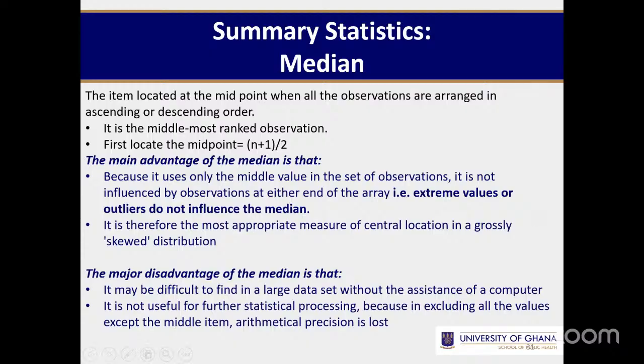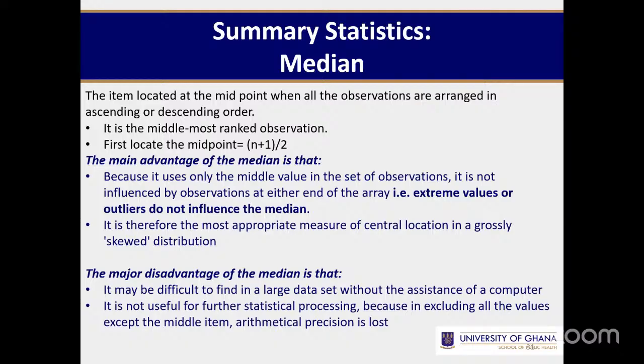Now, the main advantage of the median is that even if there's an outlier, it will not affect to a large extent the position of the median. That is, the median is not affected by extreme values or outliers. So it is the most appropriate measure of central location in a skewed distribution.